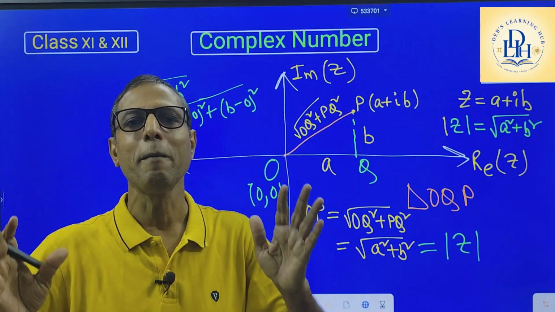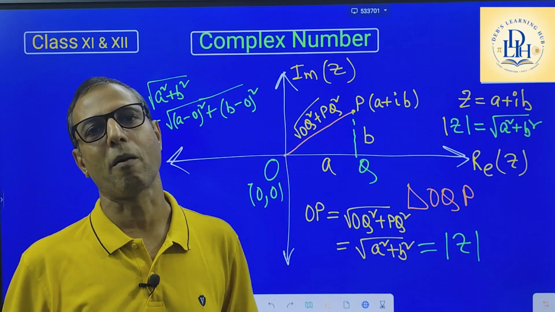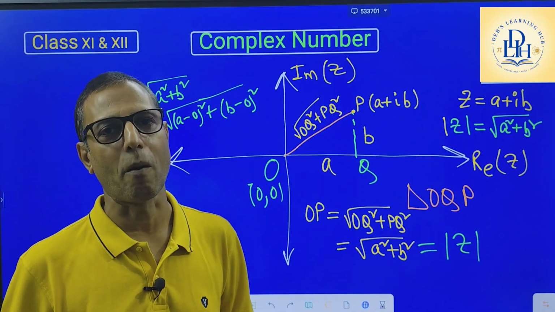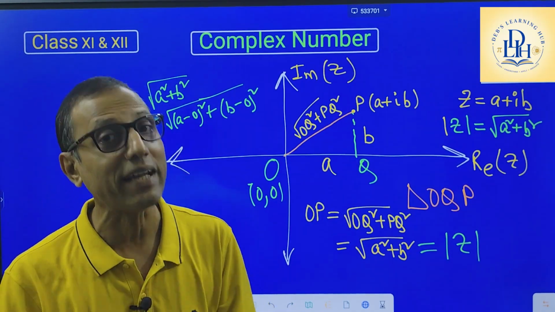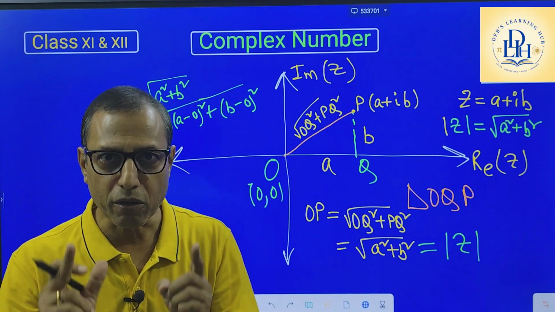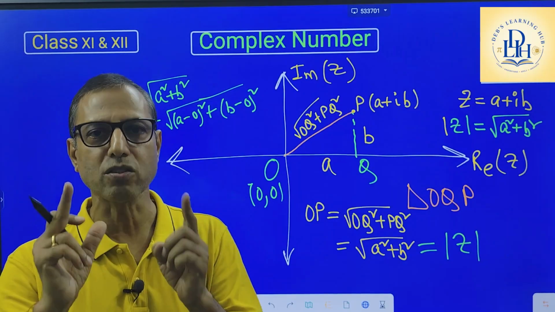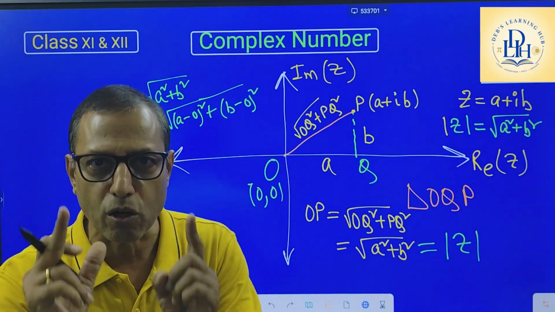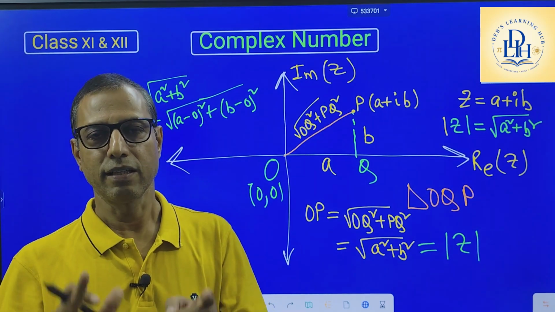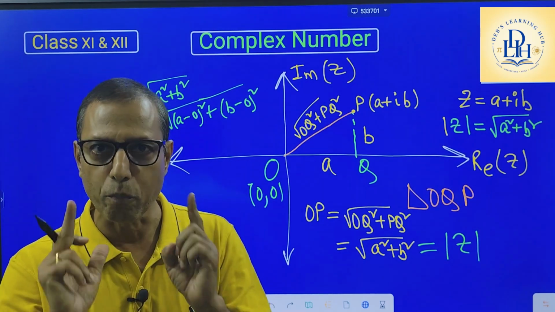So actually the modulus of the complex number, or the absolute value of the complex number, represents the distance between two points.